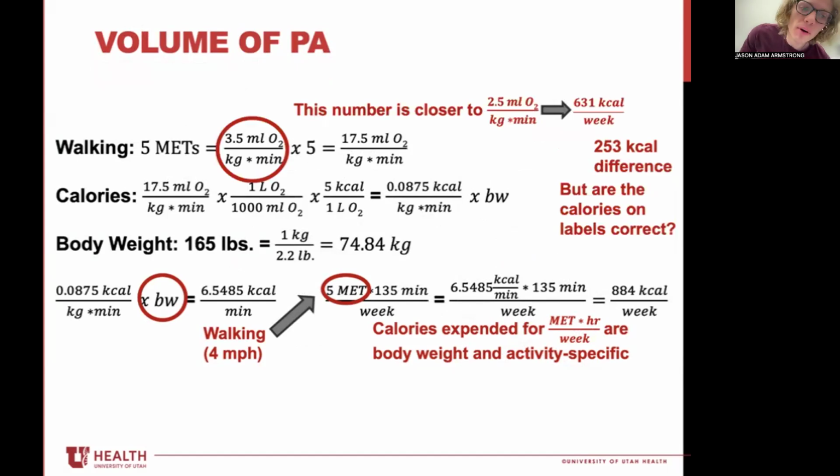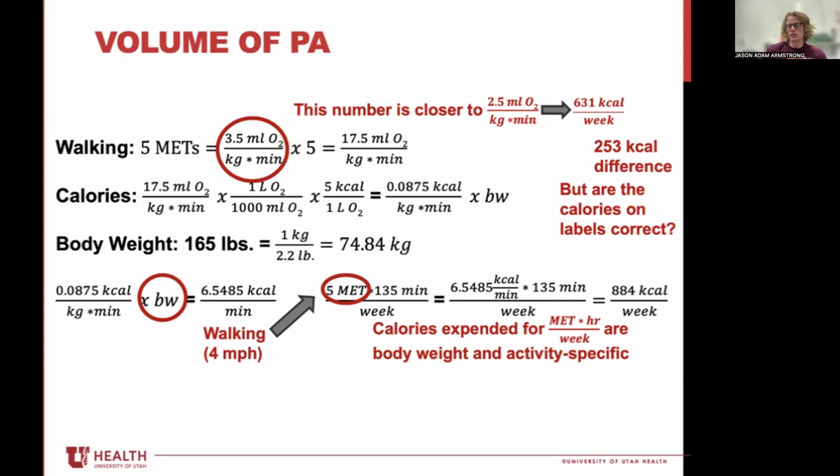I will say one of the problems with this is that actually this 3.5 mLs per kg per minute is not accurate. So it's based on some old research that nobody seems to be able to find anymore. I've looked for it. I can't find it either. And I mean nobody across the scientific spectrum. We don't know why we're still using that number.